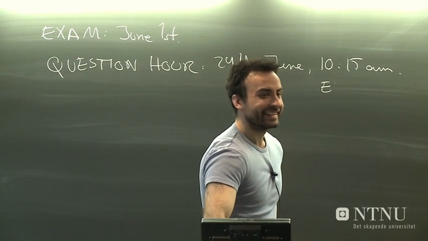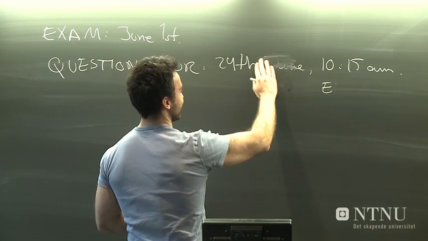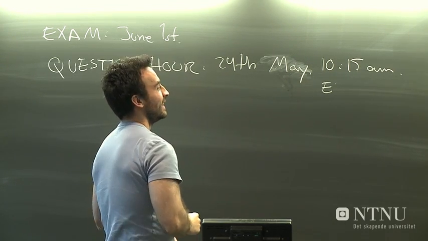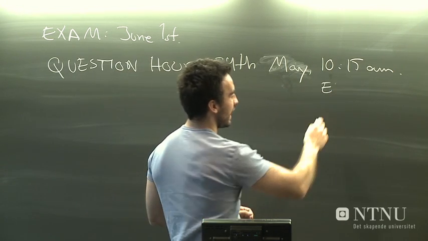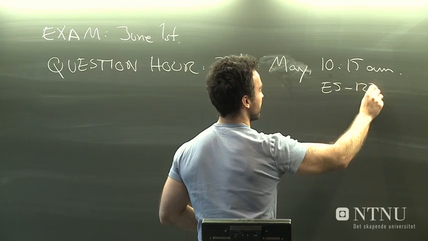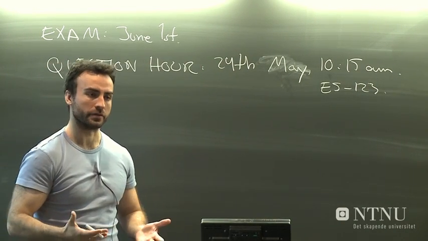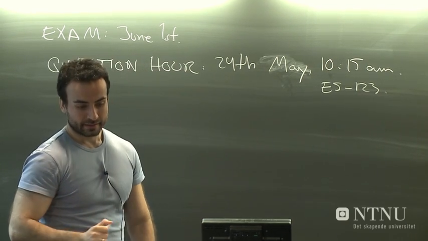Isn't it a good idea to have it before? Oh, I'm sorry. That's a good idea. Let's make this May. So I suggest 10 o'clock instead of 8 o'clock. And we can meet at the exercise guidance room. So it's possible we might have to change room, but we'll meet there in any case.